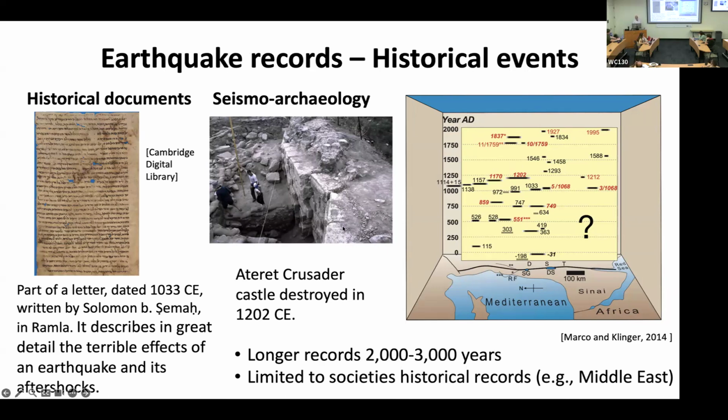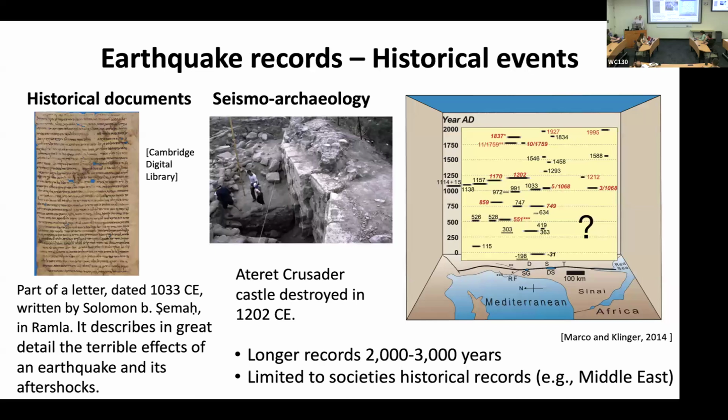This is an example of a document that was found in Cairo in a synagogue, on top of the ceiling of the synagogue. They used to put documents that were not considered holy there; you cannot just throw them away.